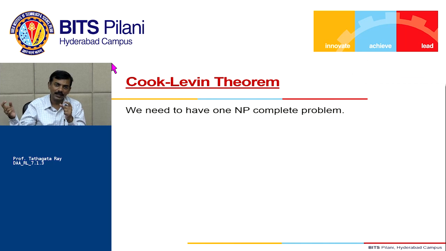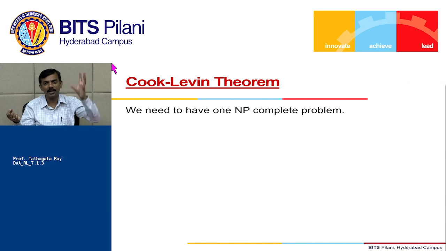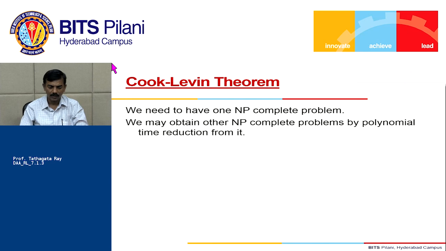After that, as soon as I get another problem, I will use a reduction from this known NP complete problem to that problem and use it to prove that all the problems in NP are also polynomial time reducible to it. And of course, if this new problem is in NP, then it belongs to NP complete. So we may obtain other NP complete problems by polynomial time reduction from it.